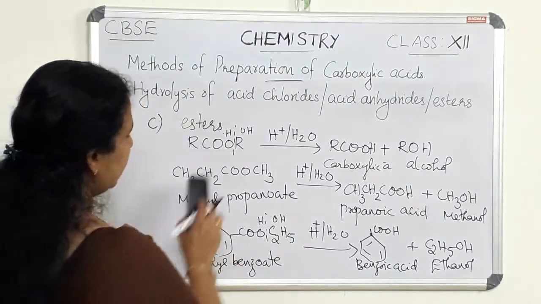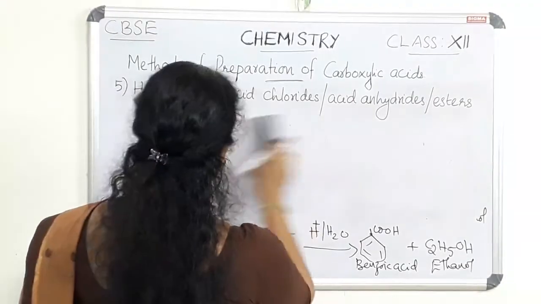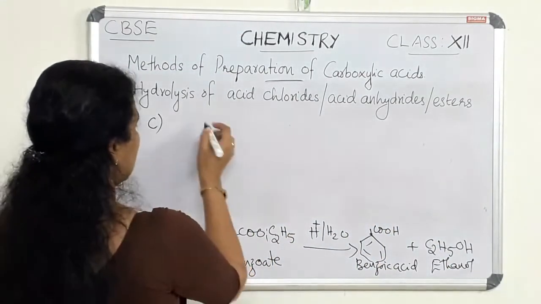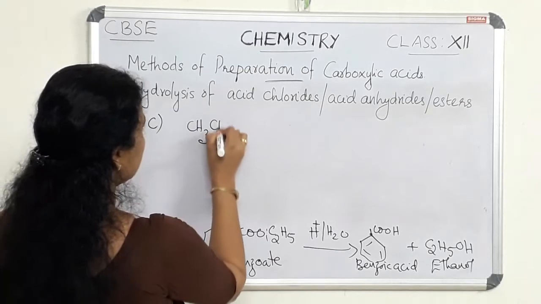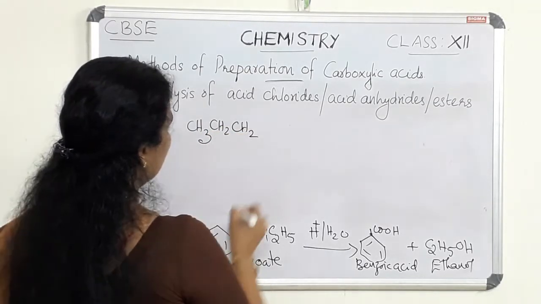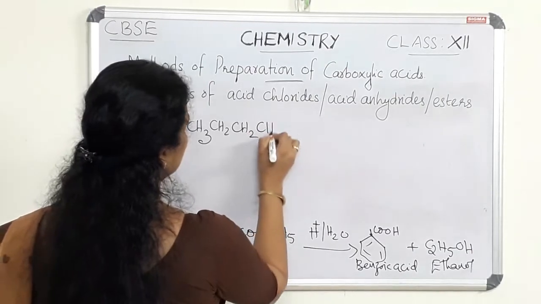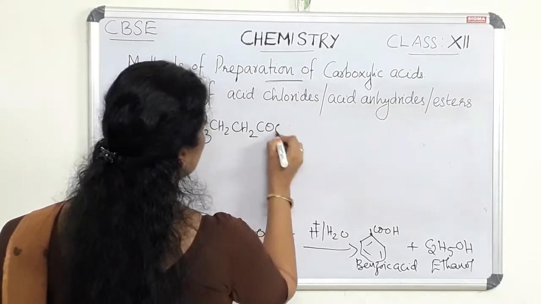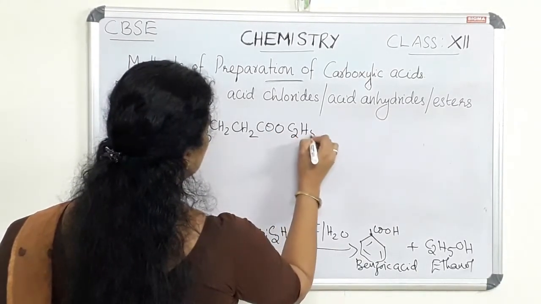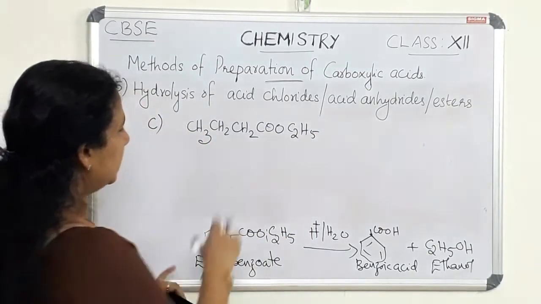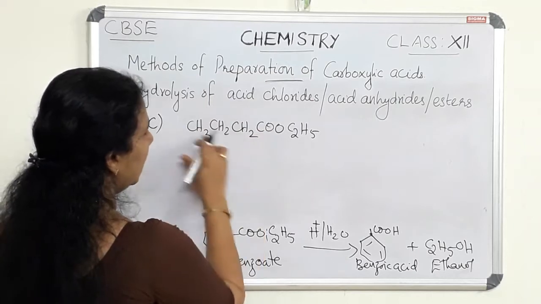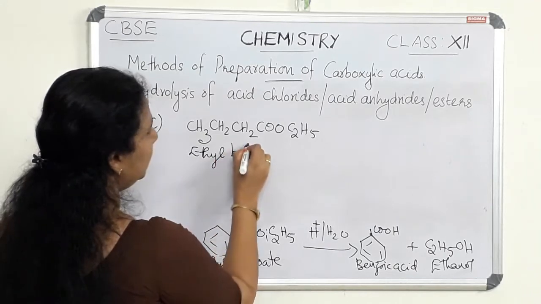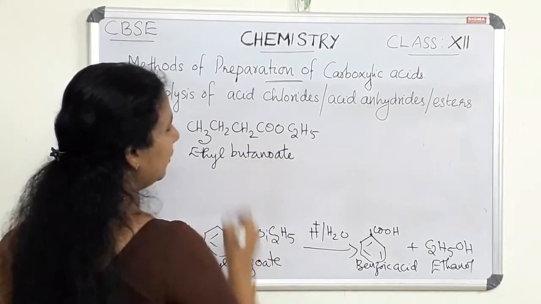Let us take one more example. So another example is CH3CH2CH2, so another ester. So here 4 carbon atoms are here. This is ethyl butanoate ester.